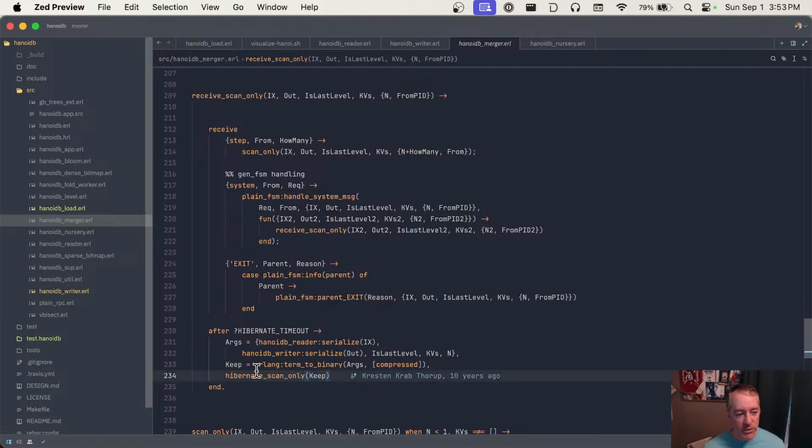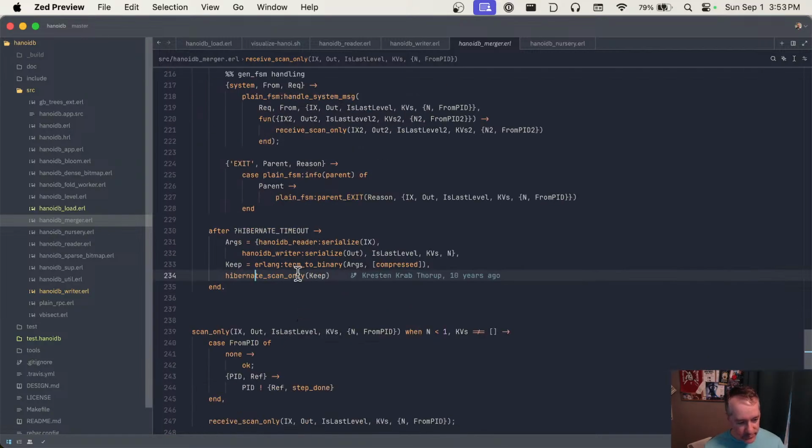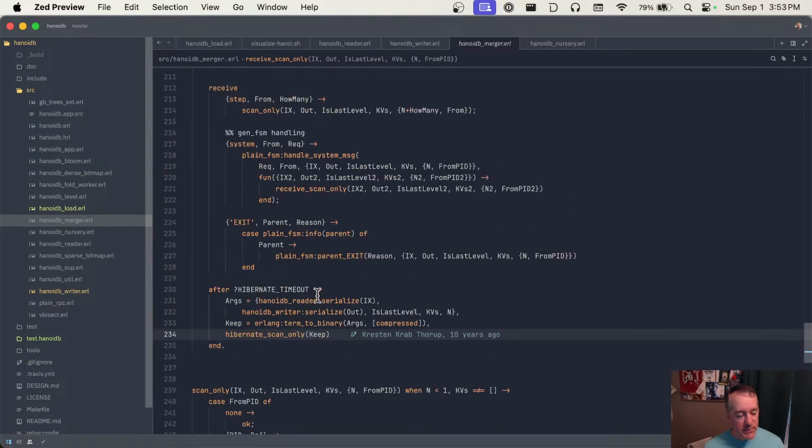If there's no work to do, it makes sense to hibernate this process, collect information about what was being done, and save it. Okay, so that will not apply to us, although this timeout is interesting.